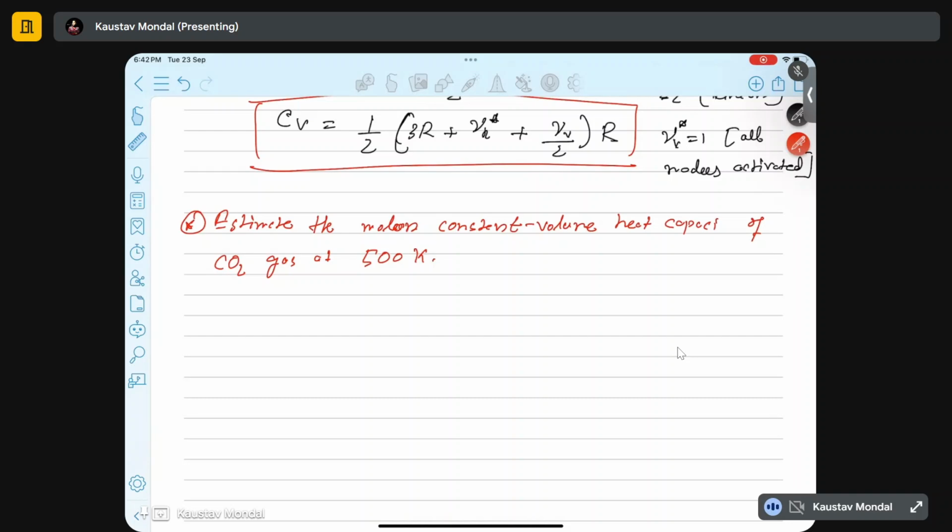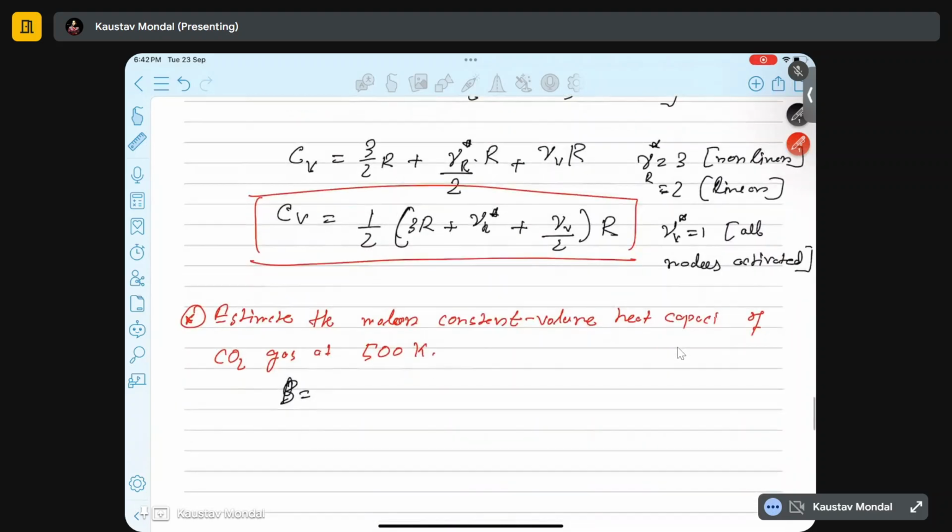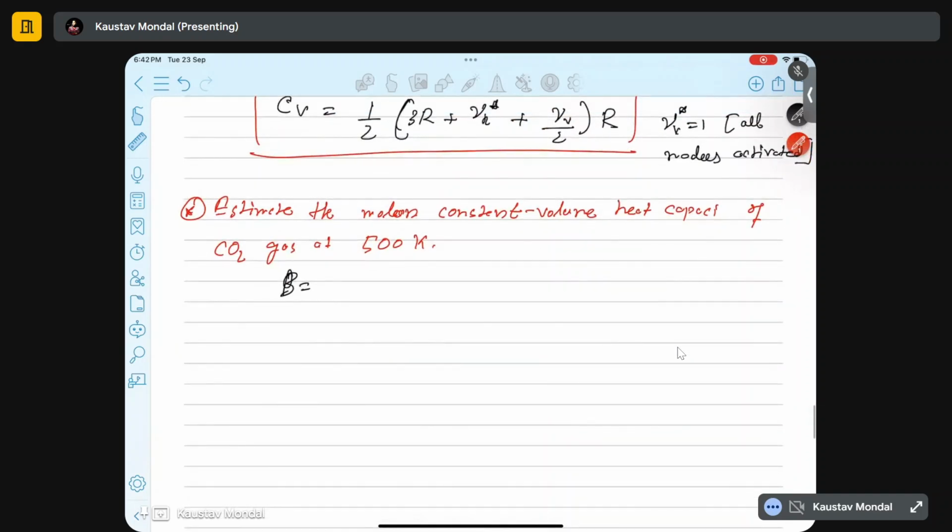Here in the problem, the rotational constant B is given as 0.39 centimeter inverse.